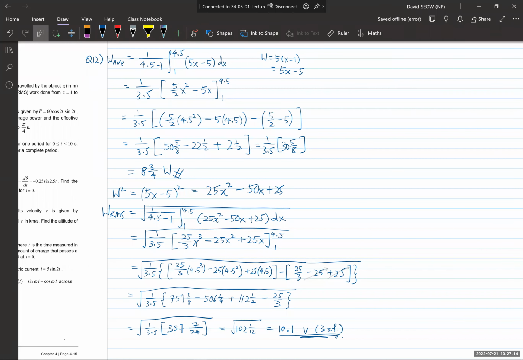So I saw it's about 30% differentiation, the remaining 70% is all on integration. So 30% is on differentiation, 70% on integration. So we must really wrap up the integration.